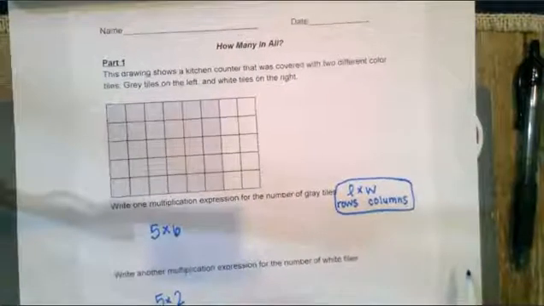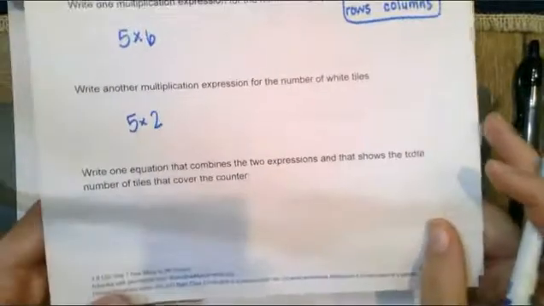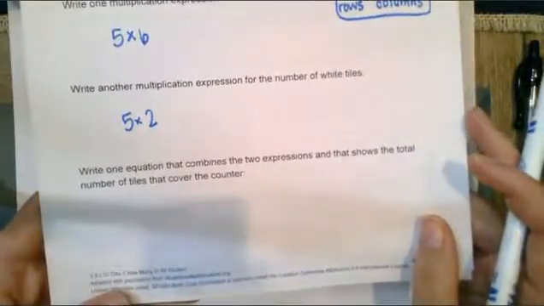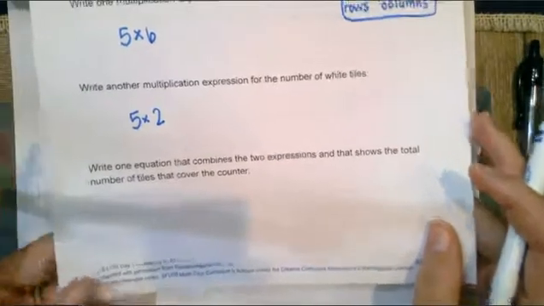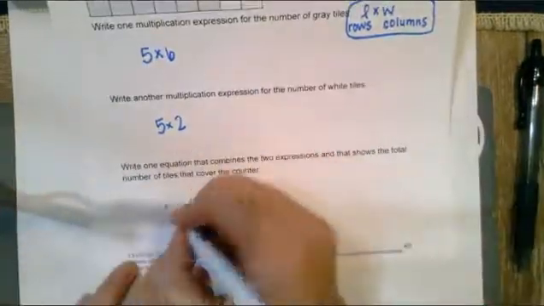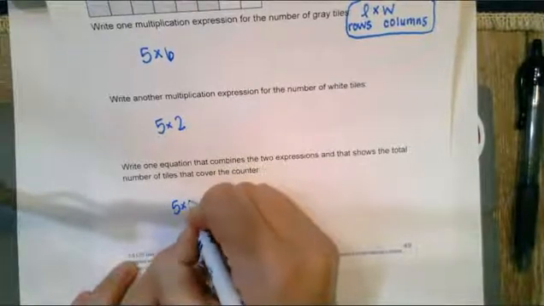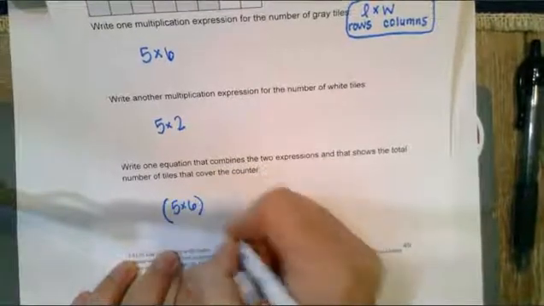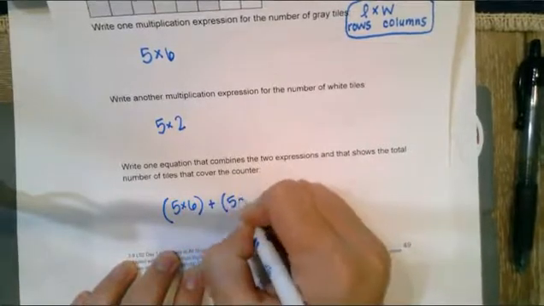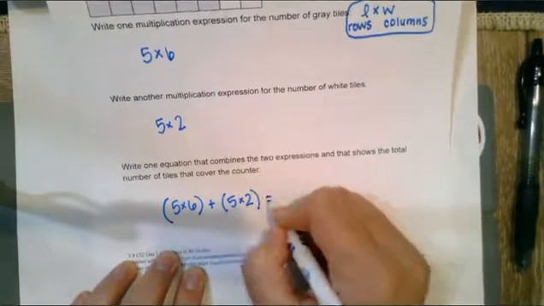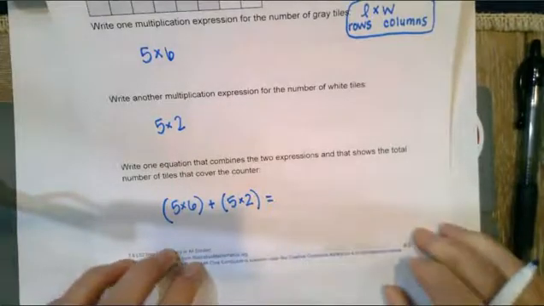Now it says, write one equation that combines the two expressions that shows the total number of tiles for that counter. So here we go. We do 5 times 6, and we put them in parentheses because we want to solve for that first, plus 5 times 2, because we're going to add them all together, is equal to, and then go ahead and solve for that.